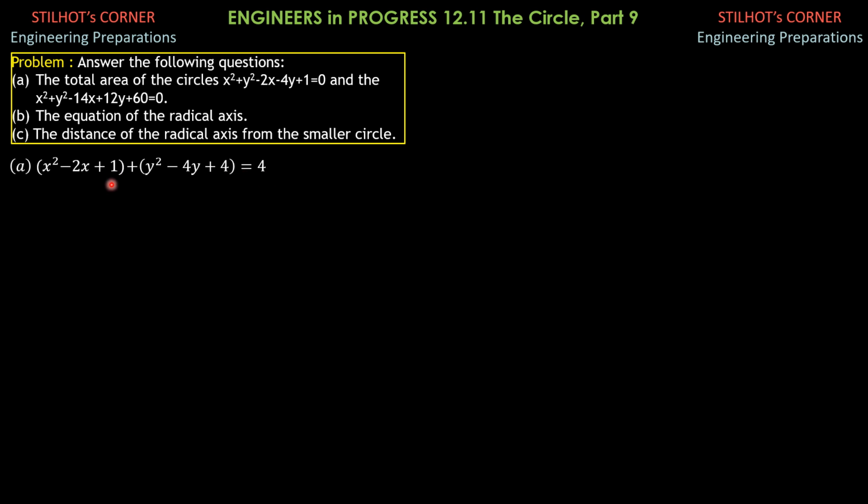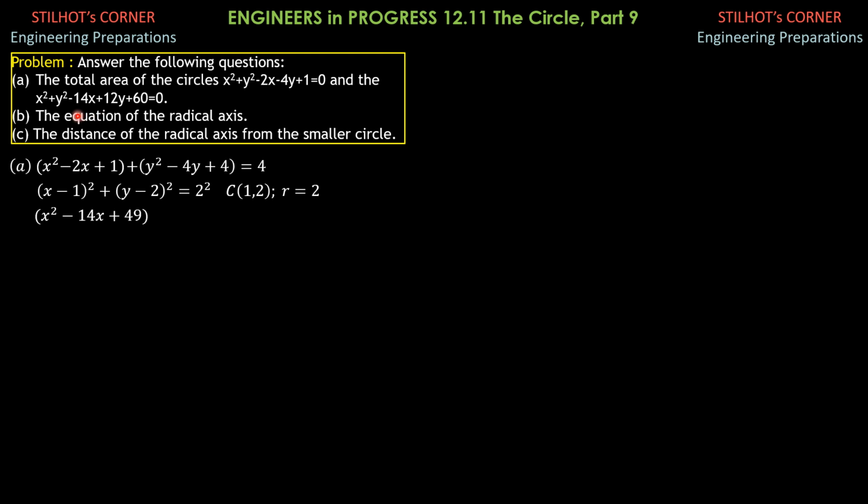So therefore, this is quantity x minus 1 squared plus quantity y minus 2 squared equals 2 squared. So that means the center of the circle is at (1, 2), and the radius is 2 units. Therefore, the area is pi times 2 squared or 4 pi. Center (1, 2), radius 2, the area is 4 pi.